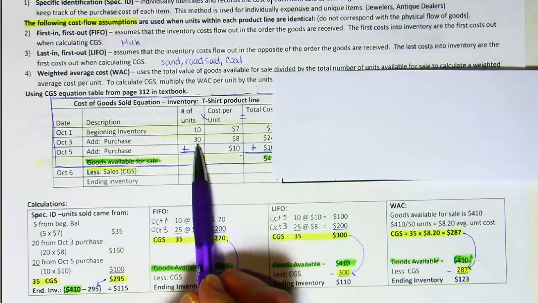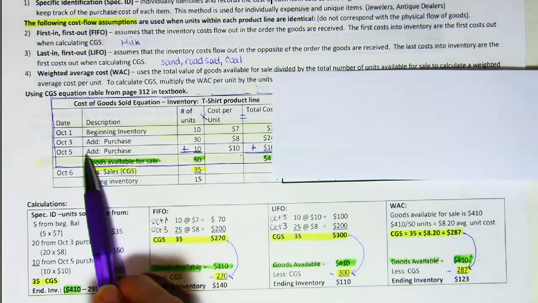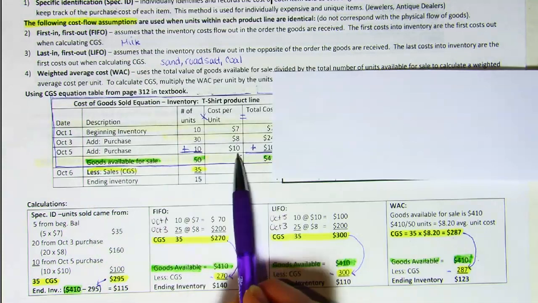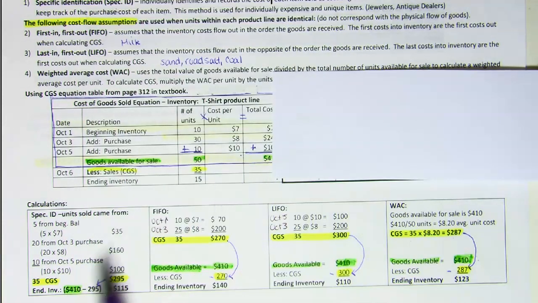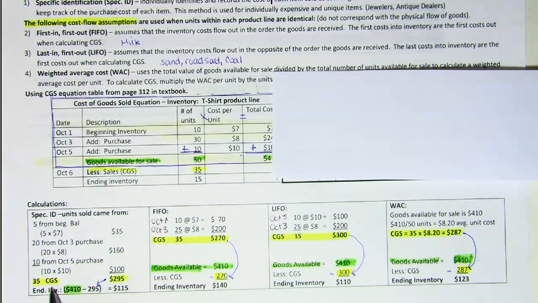Well, we purchased 30, but we only sold 20, so we multiply 20 times 8. That equals 160. Then we sold 10 items from the October 5th purchase. That was all that we bought, and they were $10 a piece. So 10 times 10 is 100. When we add that all up, that gives us the cost of goods sold for the 35 items as $295.